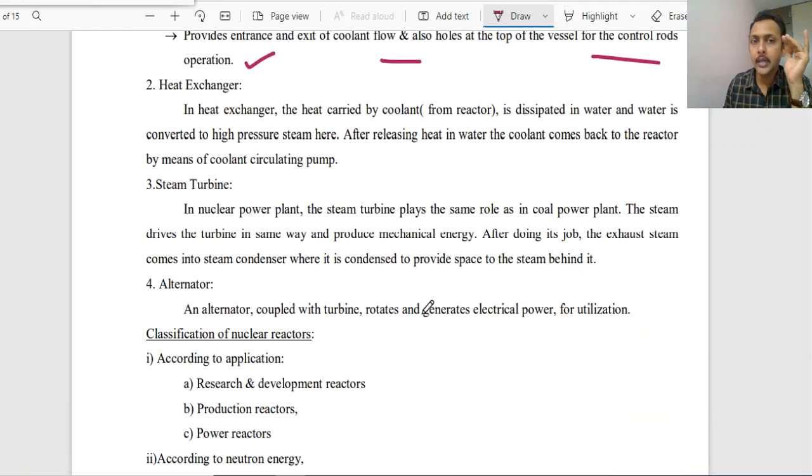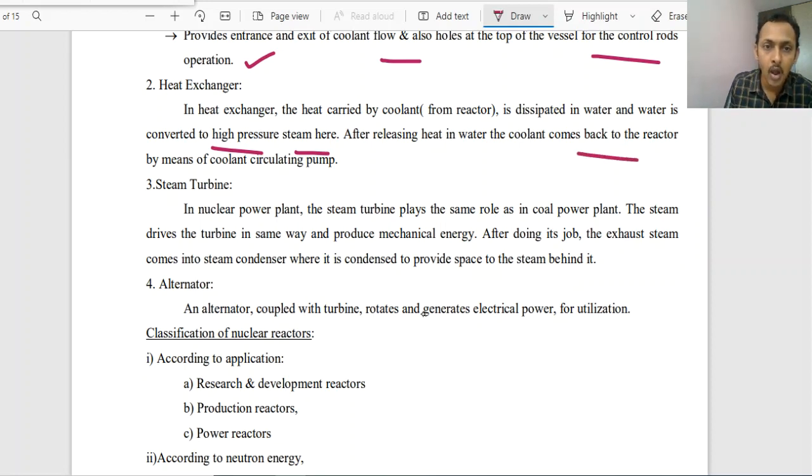In this heat exchanger, the heat will be carried by the coolant and will be dissipated in the water. Now the water will be converted into high pressure steam. After releasing heat in water, the coolant will come back to the reactor by means of the circulating pump.